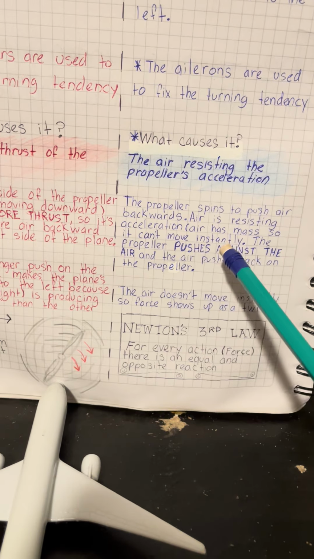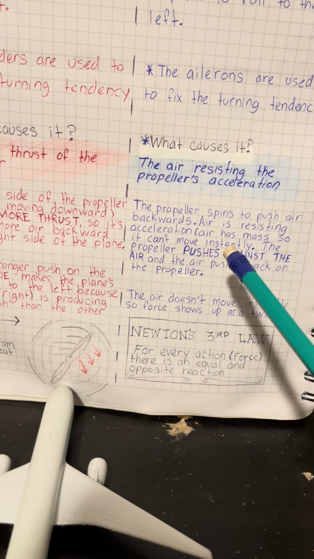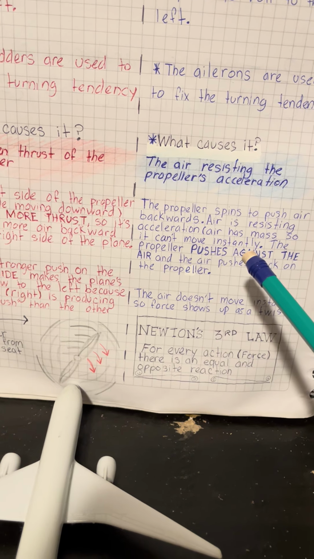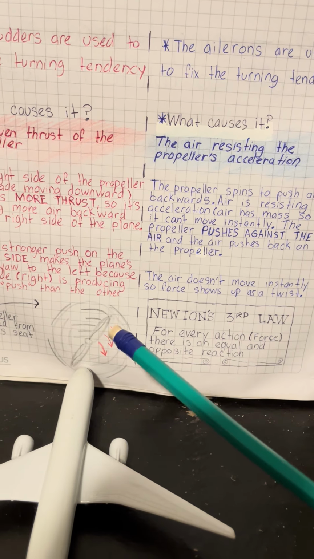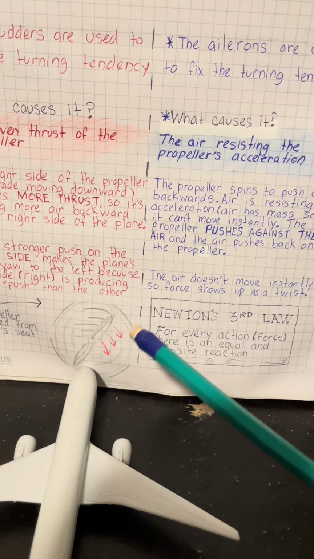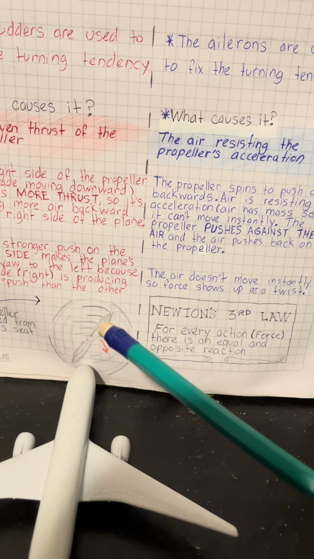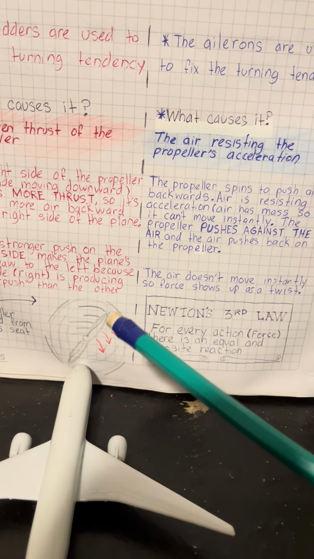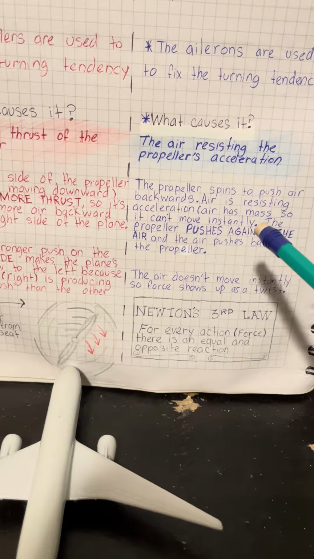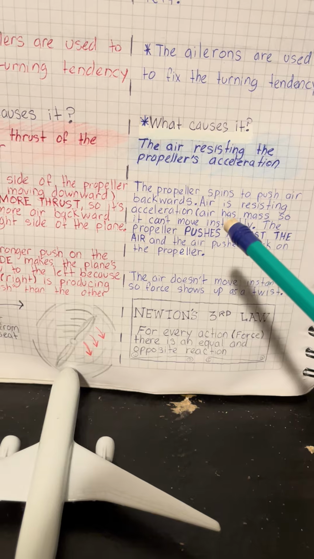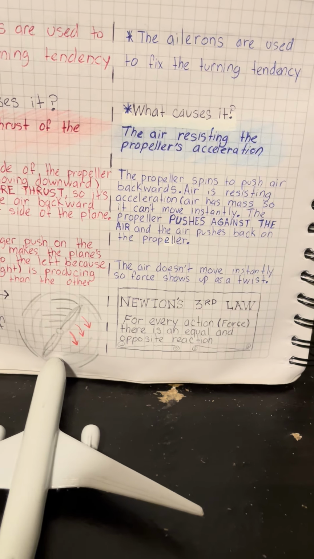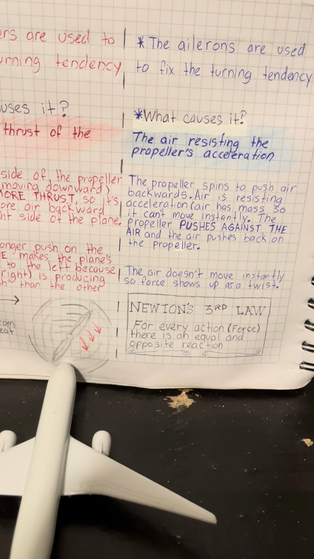I'll read it again. Air is resisting acceleration. Air has mass, so it can't move instantly. So these propellers are moving at a high speed, and they are pushing air molecules. Because those air molecules have mass, you can feel that resistance. In this case, a propeller feels that resistance.